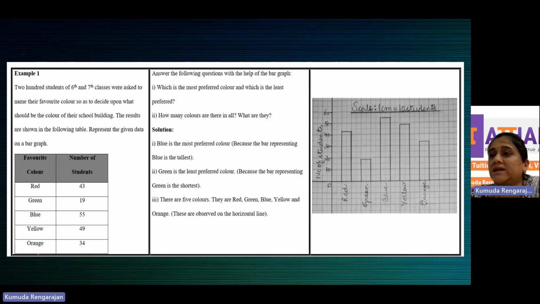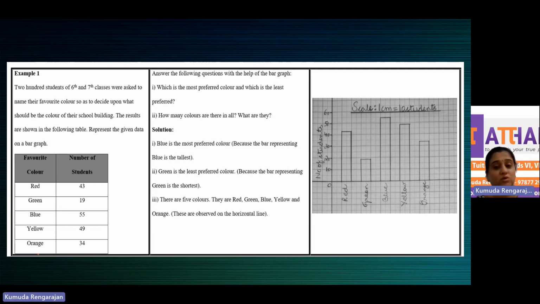Don't worry. So Anirudh's question is, can we take 1 centimeter is equal to 5 students? Yes, you can mark 5, 10, 15, 20, 25, 30, 35, 40, 45, 50, 55, multiples of 5. That's fine.